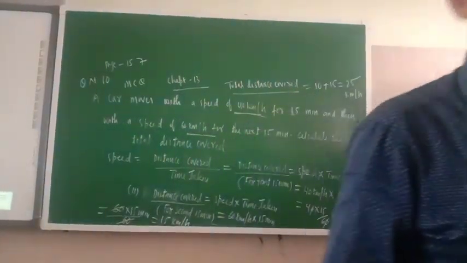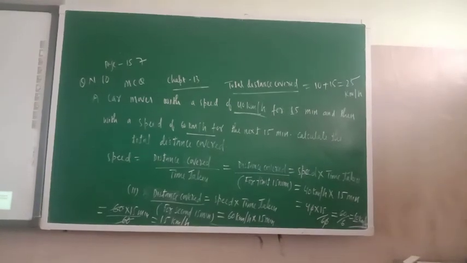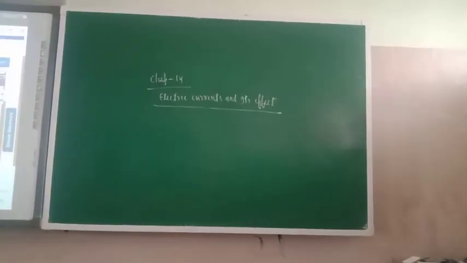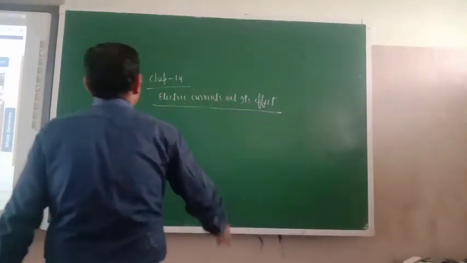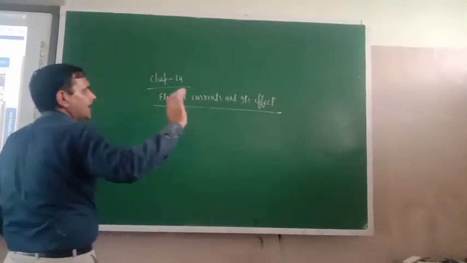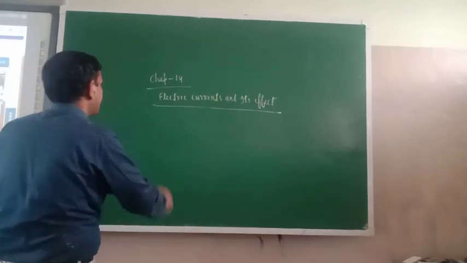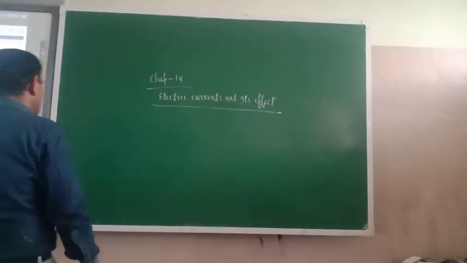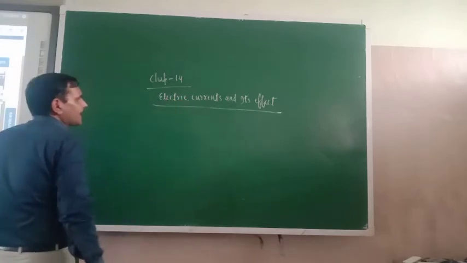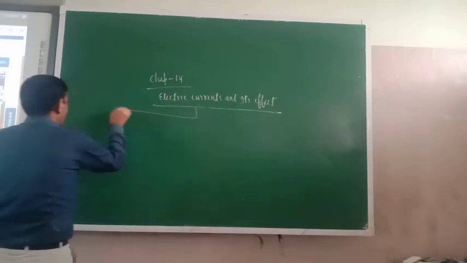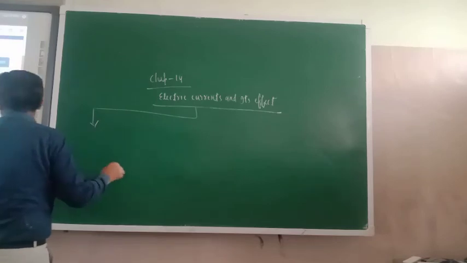So dear cadets, now I am moving to chapter number 14. Let us have some idea of how many things are included in chapter number 14. These are the things included in chapter number 14, that is electric current and its effect. The first thing you will study is electric current.